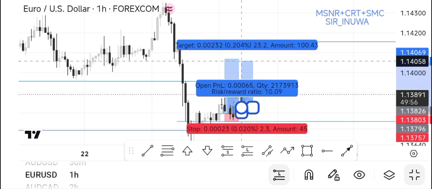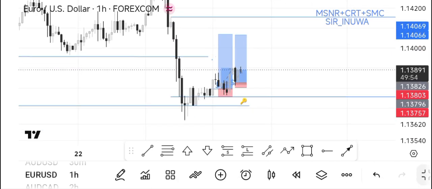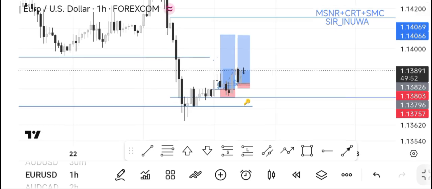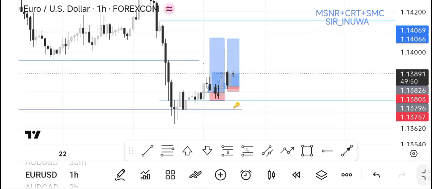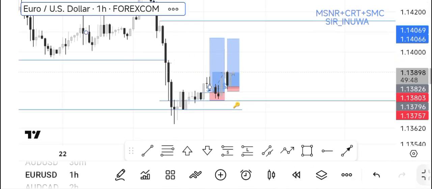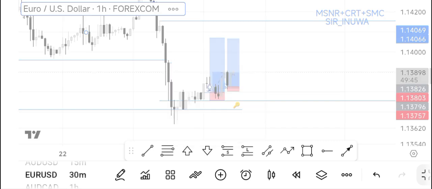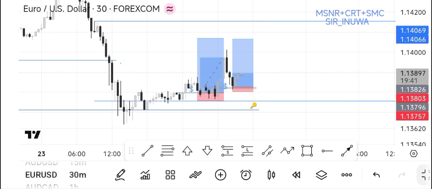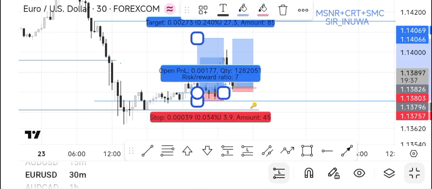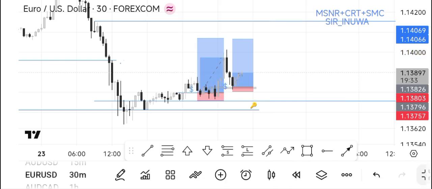This one I'll just leave at 10. Always my 7 RR, I didn't change. So don't be greedy in the market. Try and take as small as it is. So if this could give me 7 RR, I could have closed it, but I just leave the retracement small so that I will just follow.